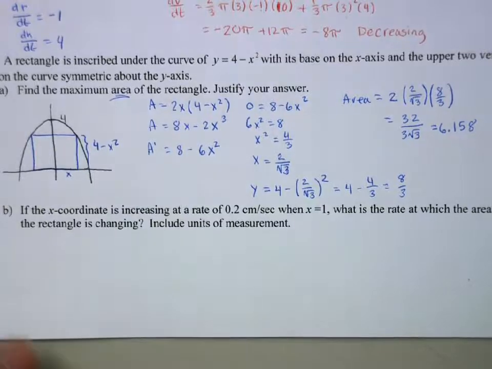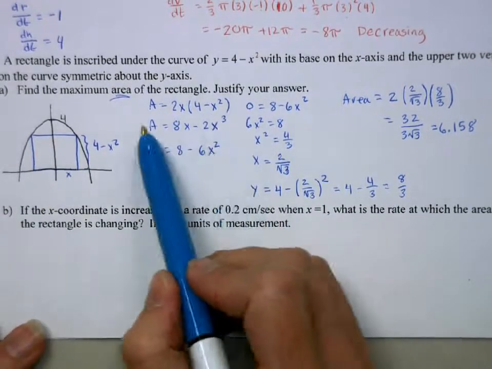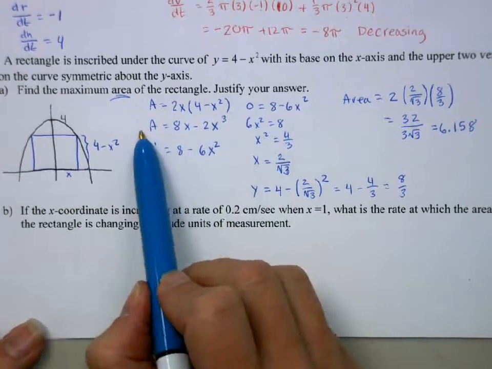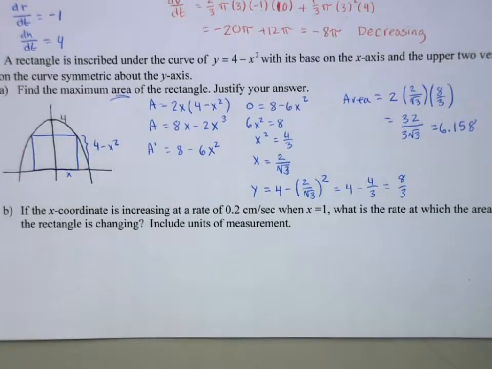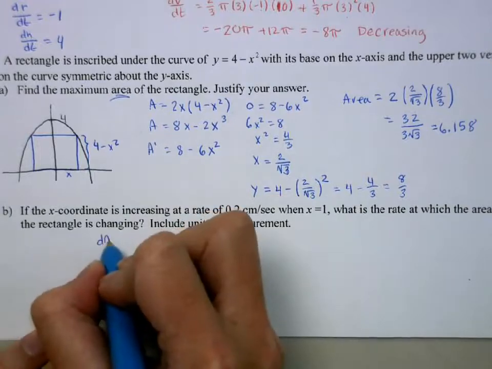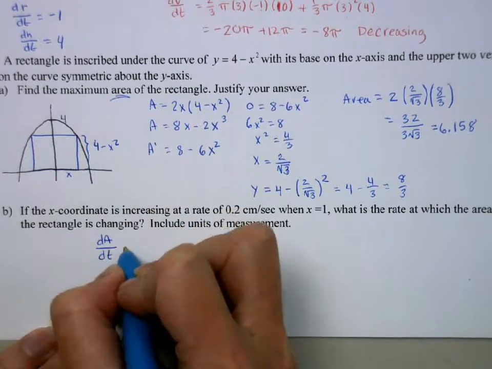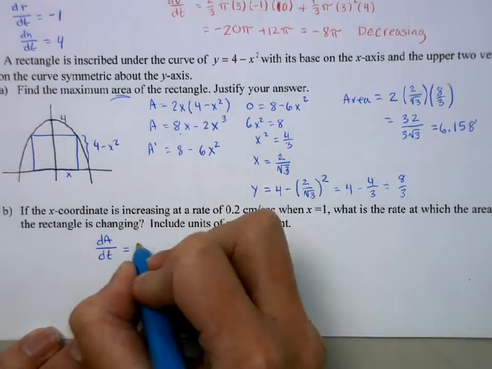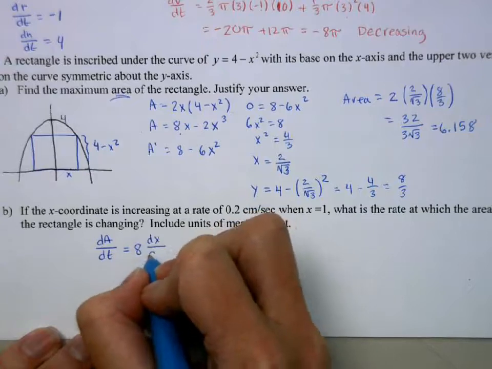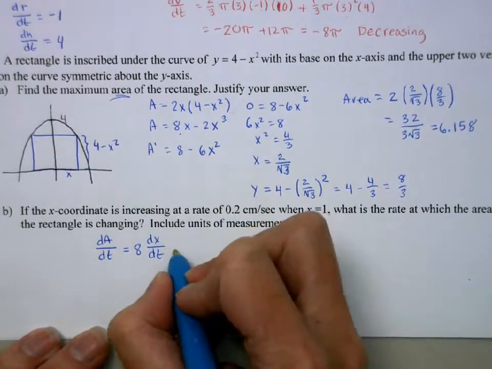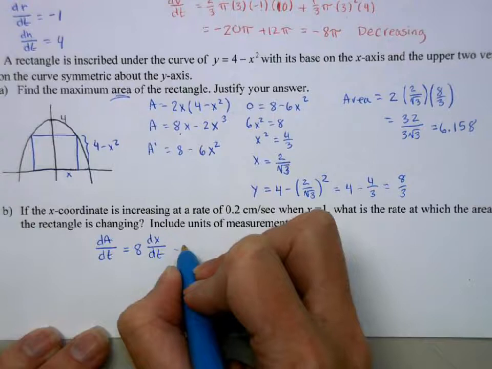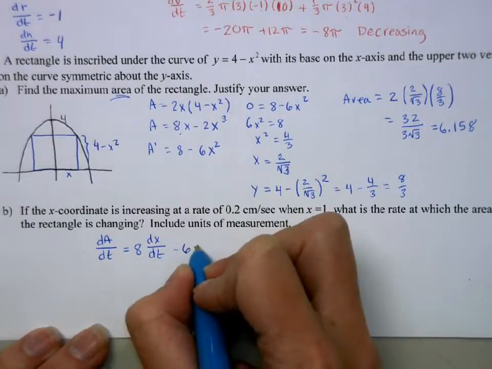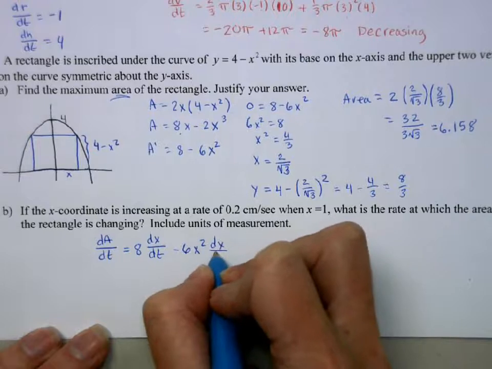All right, so we're going to go back to this equation. I'm going to take its derivative, but this time I'm going to take it with respect to time. Okay, so dA/dt is going to be 8 dx/dt minus 6x squared dx/dt.